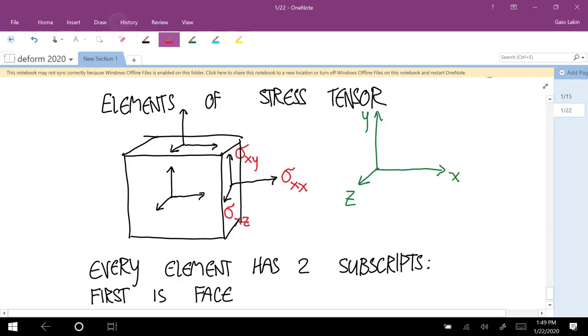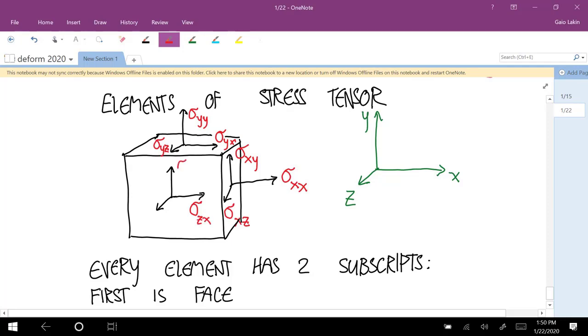And then on this one, what face is this? Y, so this is sigma Y, and in what direction? Yep. And this one is YZ. And then this is the Z face.